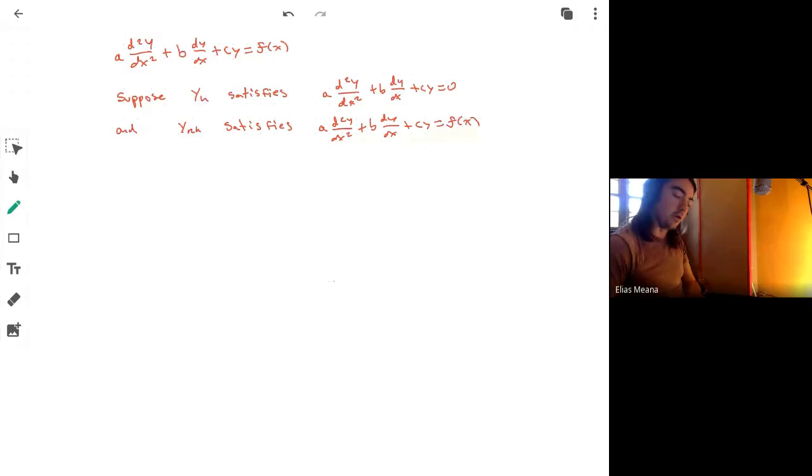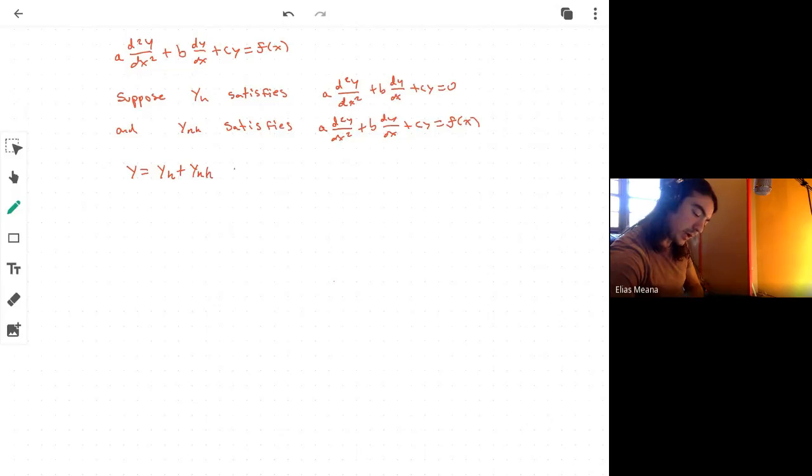My claim to you is going to be that y, defined as being y sub h plus y sub nh, is a solution to our original differential equation, which is the same thing as the non-homogeneous. And furthermore, I'm not going to prove this part, but this is actually the general solution.